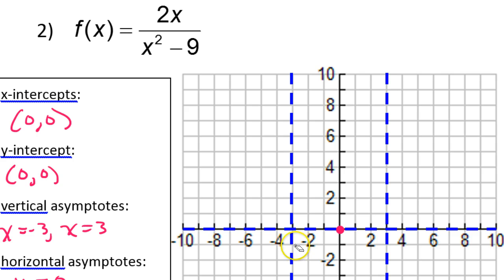So I have a vertical asymptote here at negative 3. I'm going to need a few values on the left, a few values in the middle, and a few values on the right. I always like to use values that are very close to the asymptote among the other values that I choose. So I'm definitely going to pick negative 3.5, for example, since the asymptote is at negative 3.